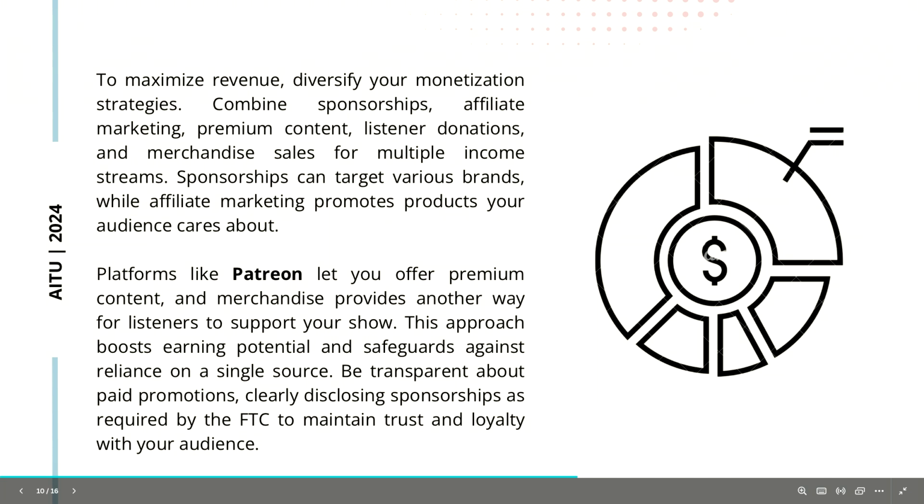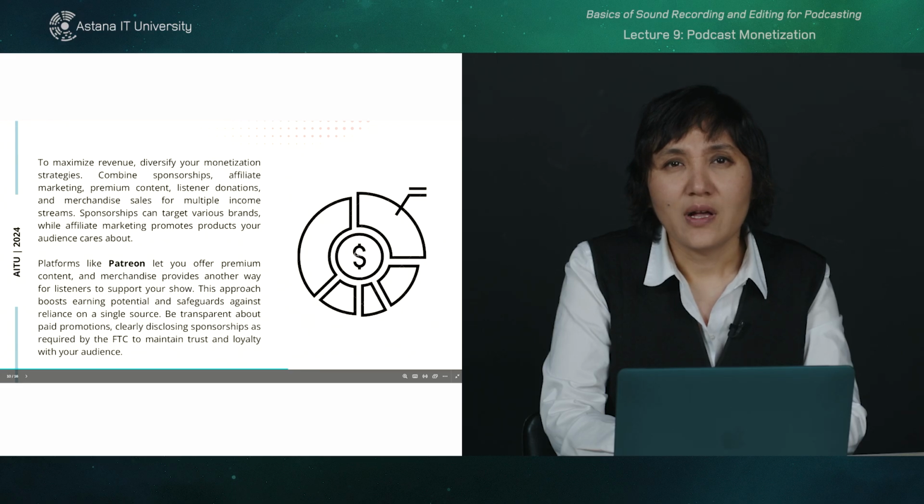By combining methods like sponsorships, affiliate marketing, premium content, and listener donations, you create multiple income streams that can adapt to changes in the market or audience behavior. For example, sponsorships can target a wide range of brands, while affiliate marketing promotes products relevant to your listeners.